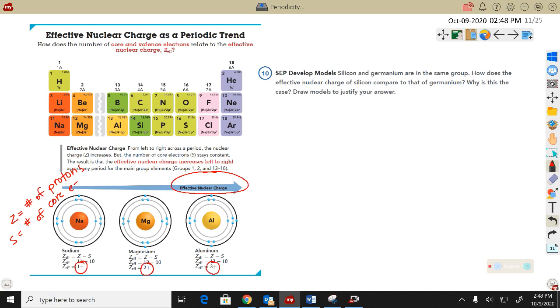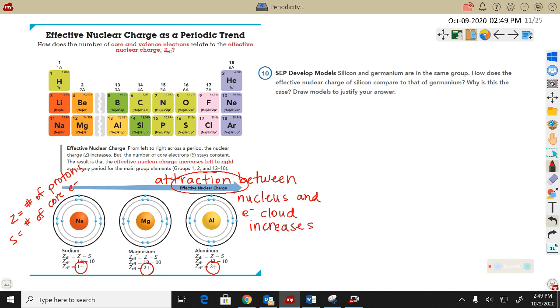And if you just look at the numbers, anybody can plug numbers in their calculator. You could obviously do this in your head, but it doesn't necessarily mean that you understand anything. So I don't care that you can calculate Z effective, the effective nuclear charge. I want you to understand why attraction between nucleus and electron cloud increases.